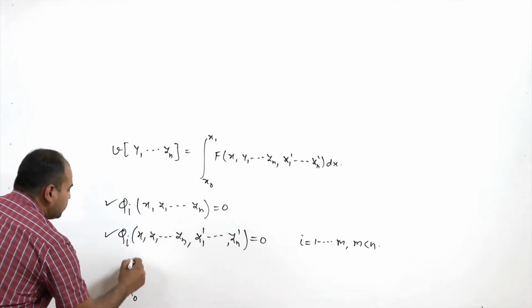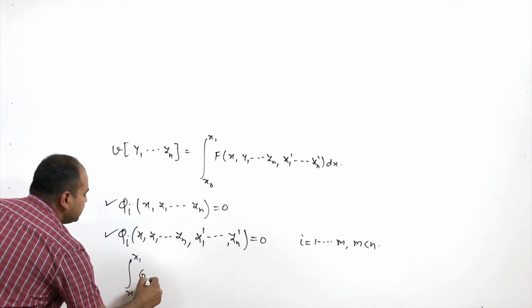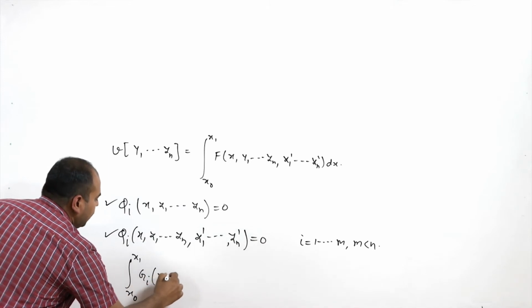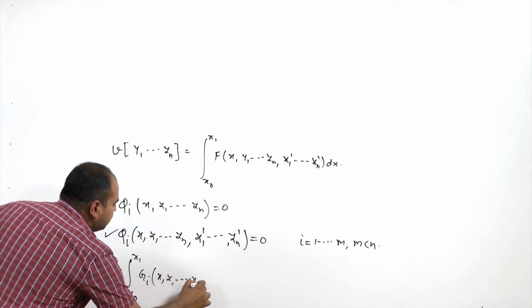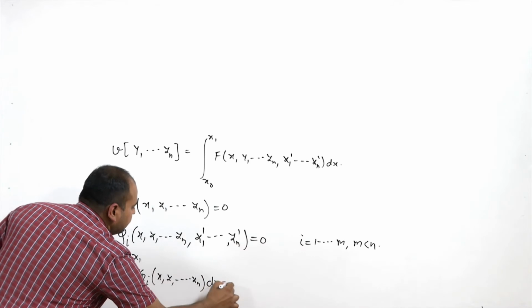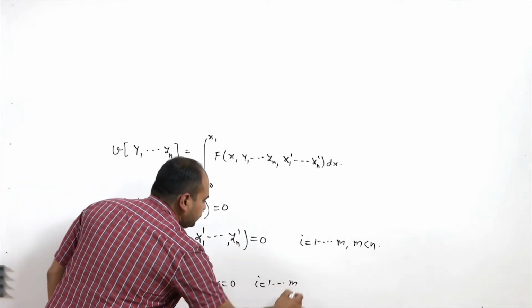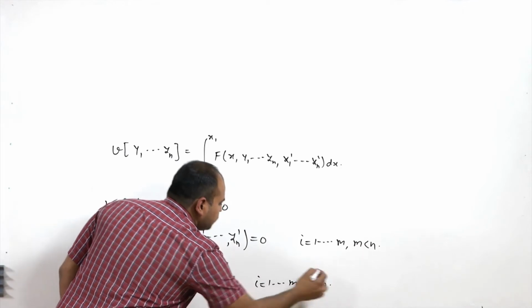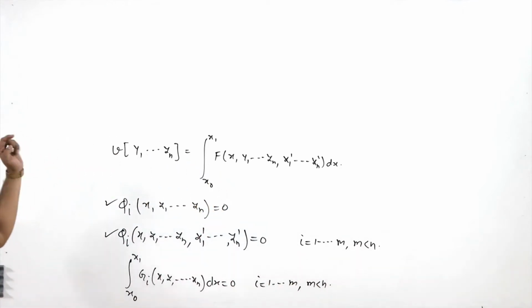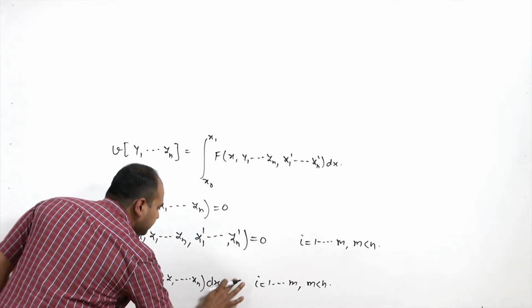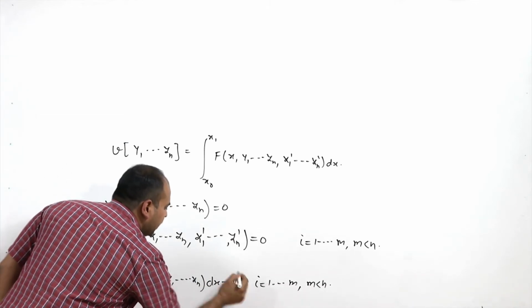So here we have the integral from x0 to x1 of g_i(x, y1 to yn) dx equal to 0 for each i equal to 1 to m, m is less than n. So this also can be reduced to the previous case by just assuming some value, say lambda_i.